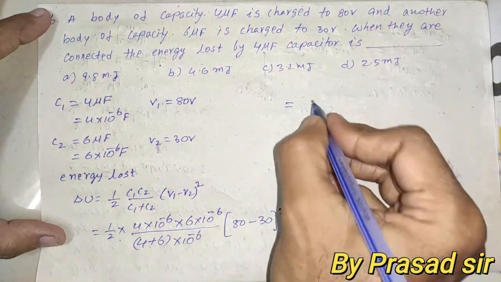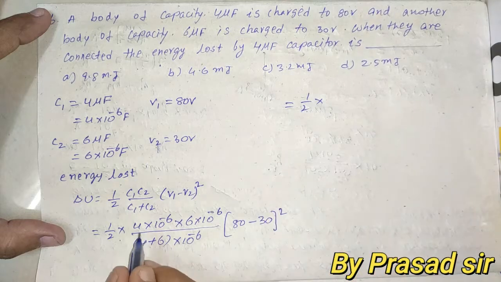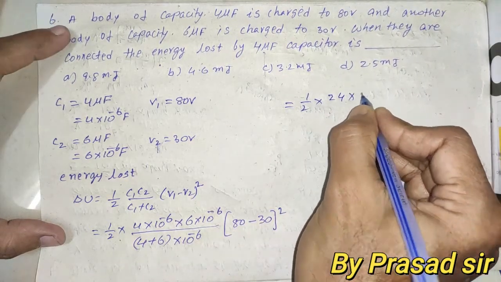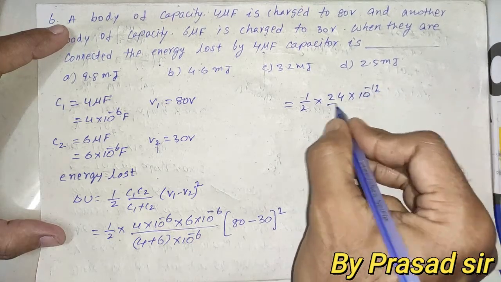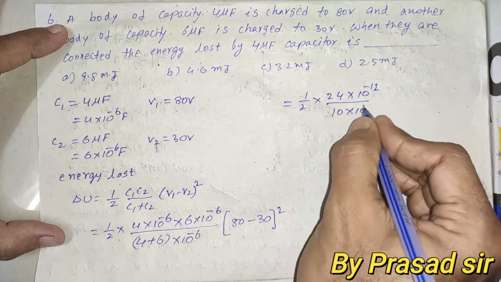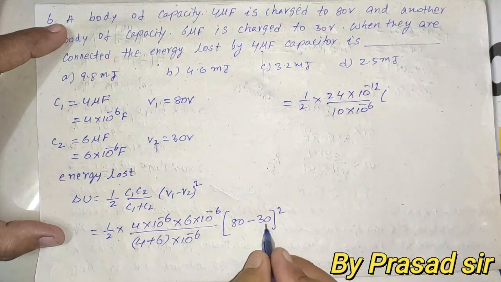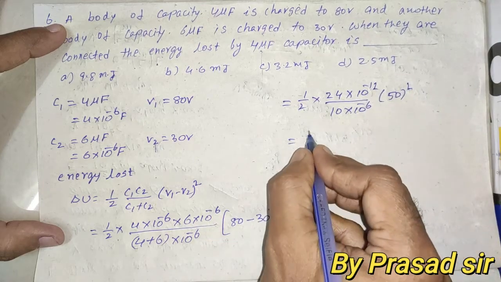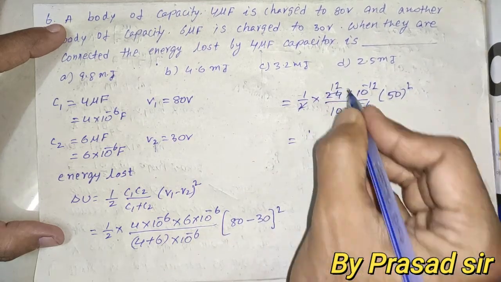So it is equal to half into 4 into 6, that is 24, into 10 to the power of minus 12, divided by 4 plus 6, 10 into 10 to the power of minus 6, into 80 minus 30, which is nothing but 50 whole square. So here 2 how many times? 12 times.